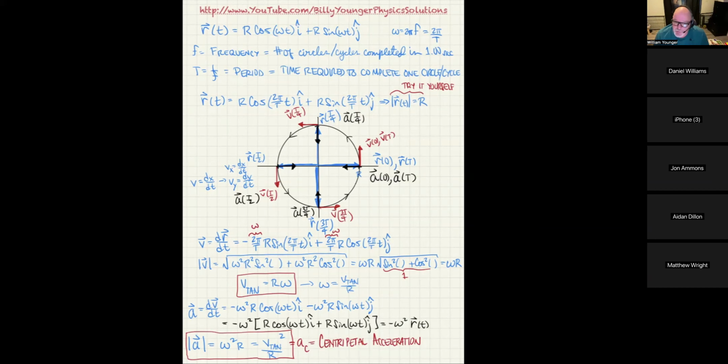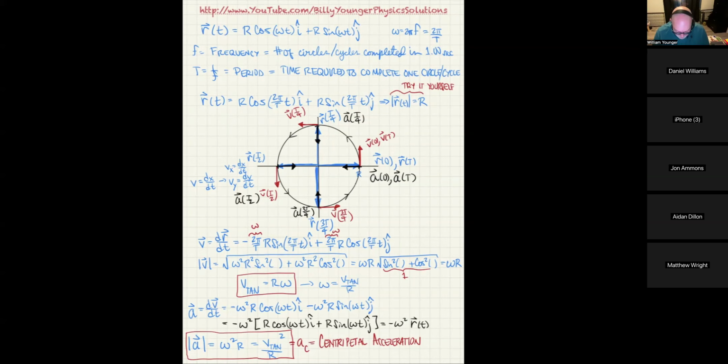So all of that was really one to show you how to deal with vector functions in terms of taking derivatives, integrals, that sort of thing. Two, to see that the centripetal acceleration required to maintain a circular orbit is in fact v squared over r, or omega squared r would work as well, and that it points radially inward and it's in the same plane as the velocities and the radius vectors.